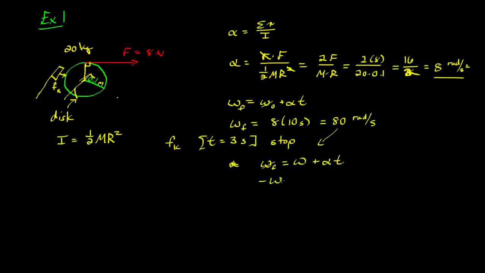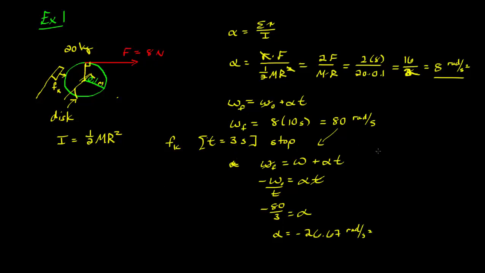So we get negative omega is the acceleration times time. So we divide that by time, and that's my initial velocity. So we put 80 in there. So we get negative 80 divided by 3 is equal to the acceleration, and that is 26.67. We need an acceleration of negative 26.67 radians per second squared in order to stop this thing within 3 seconds.